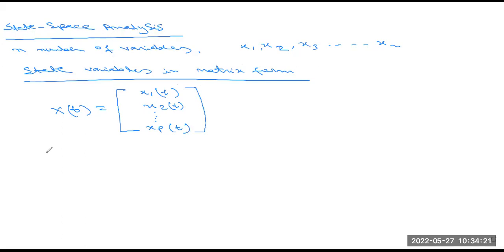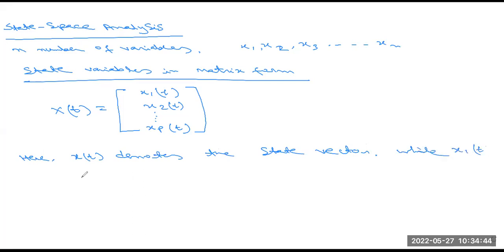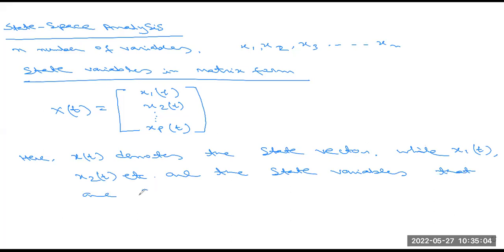So here x(t) denotes the state vector, while x1(t), x2(t), etc. are the state variables that form the state vector.